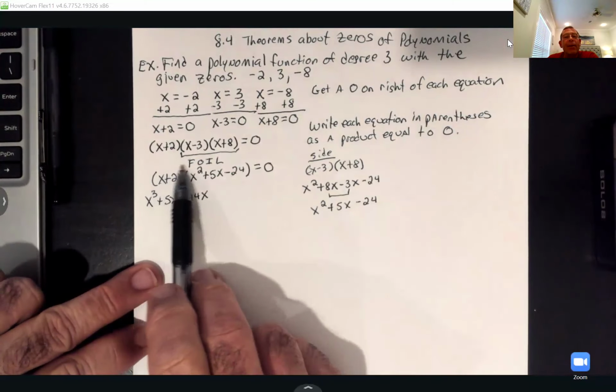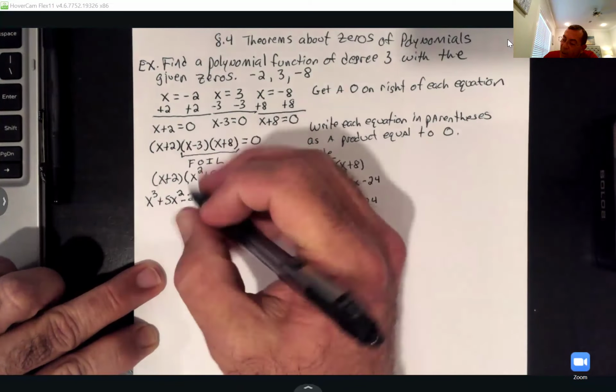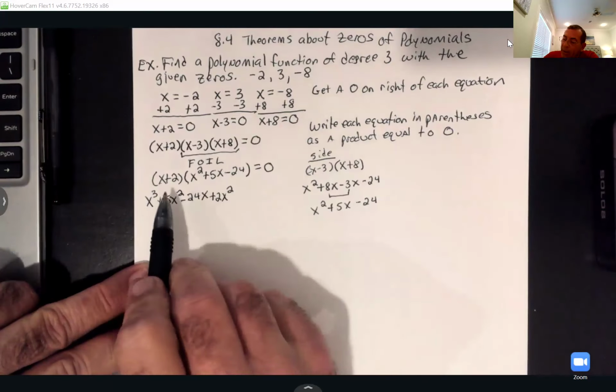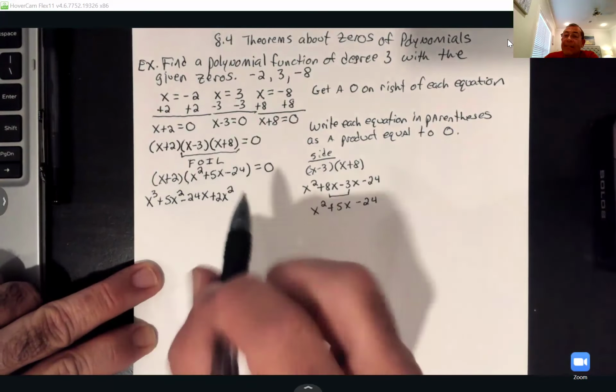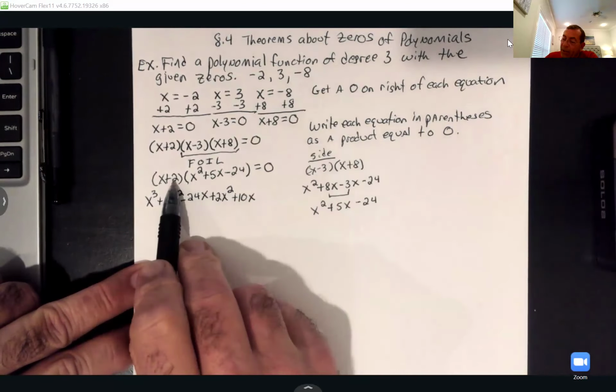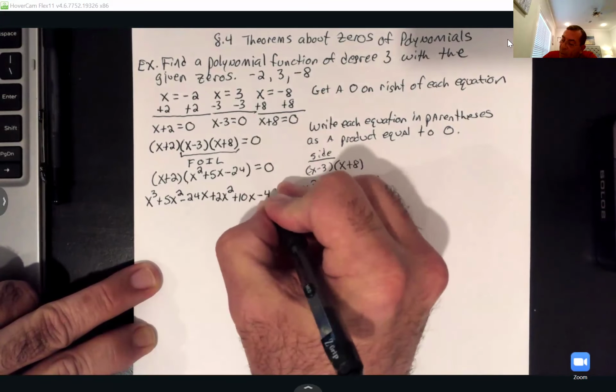So that takes care of the x being distributed. Now we're going to do the 2. 2 times x squared is a 2x squared. 2 times 5x is a 10x. And then 2 times negative 24 is a negative 48.